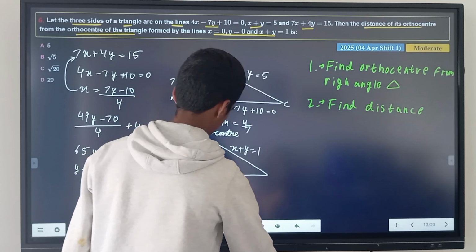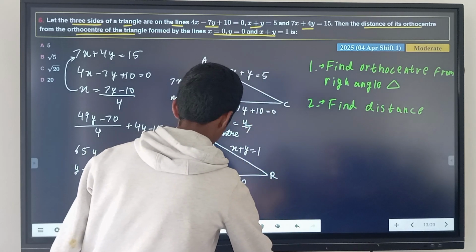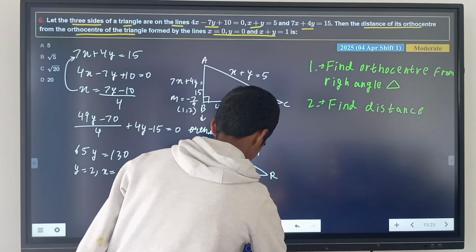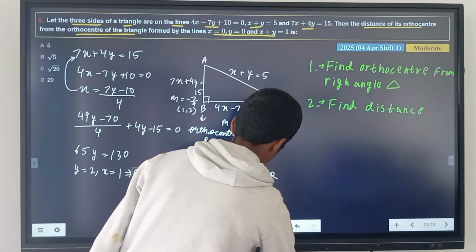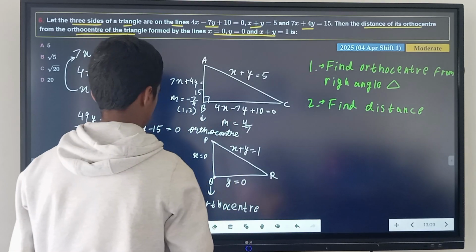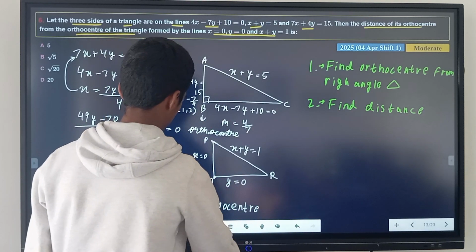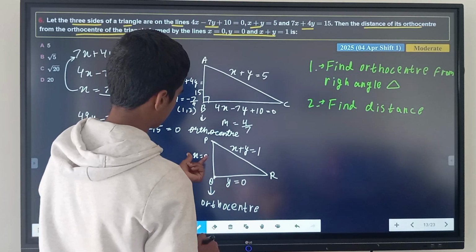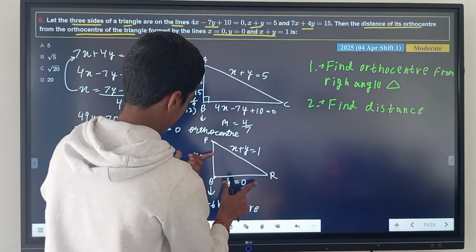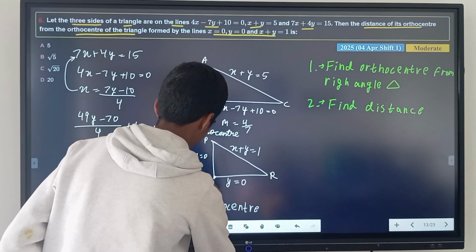Let's say this is PQR. Again, Q is the orthocenter, and the coordinates of Q are the simple intersection of x-axis and y-axis, which is at origin.